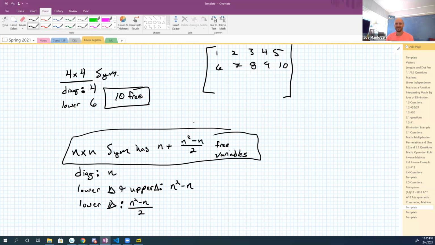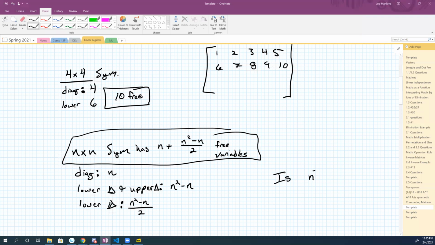Is that true? Well, for it to be symmetric, it's got to be a square matrix, right? Yeah, that's true. So that means that n times n is always multiplied by itself. So if it's an odd number, it gives an odd number, and then subtract an odd number from an odd number, and you get an even number.